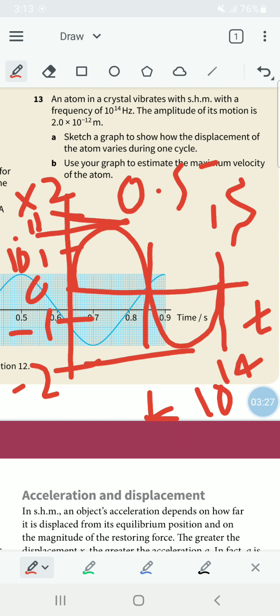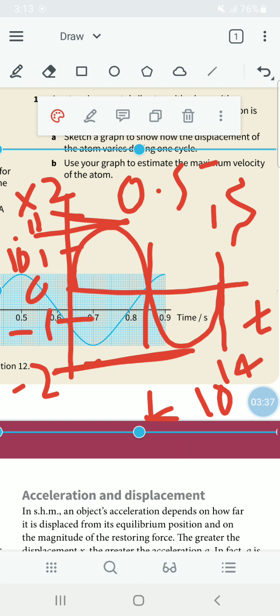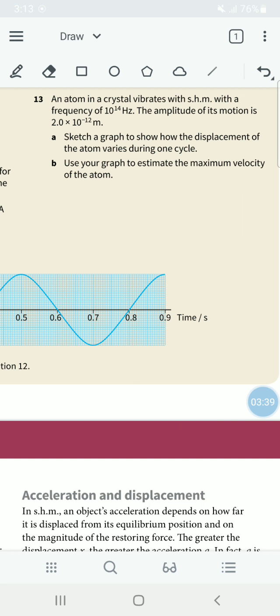This 2 should be in parallel with the highest point here, and this negative 2 should be parallel with the lowest point. I know it is a little bit messy, but if you have followed the steps individually, you would have understood. If you have any doubts, please raise questions, then I will explain it further.